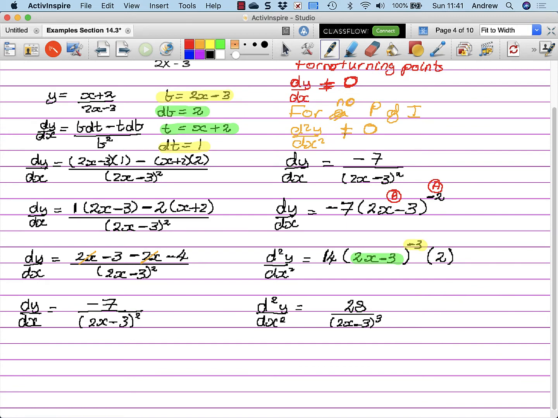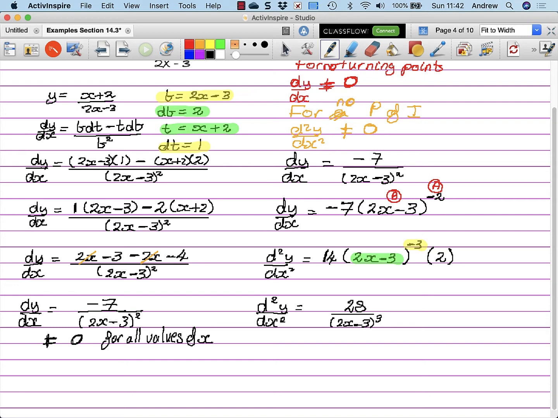Well, dy by dx is quite simply never equal to 0 for all values of x. Now, the reason why you may want to write this down is that the only part of a fraction that makes the fraction 0 is the top.